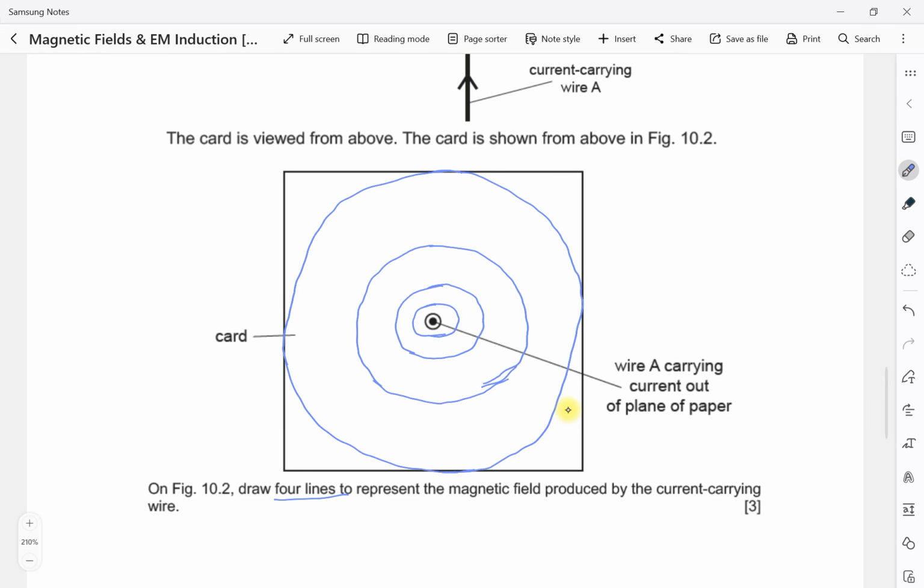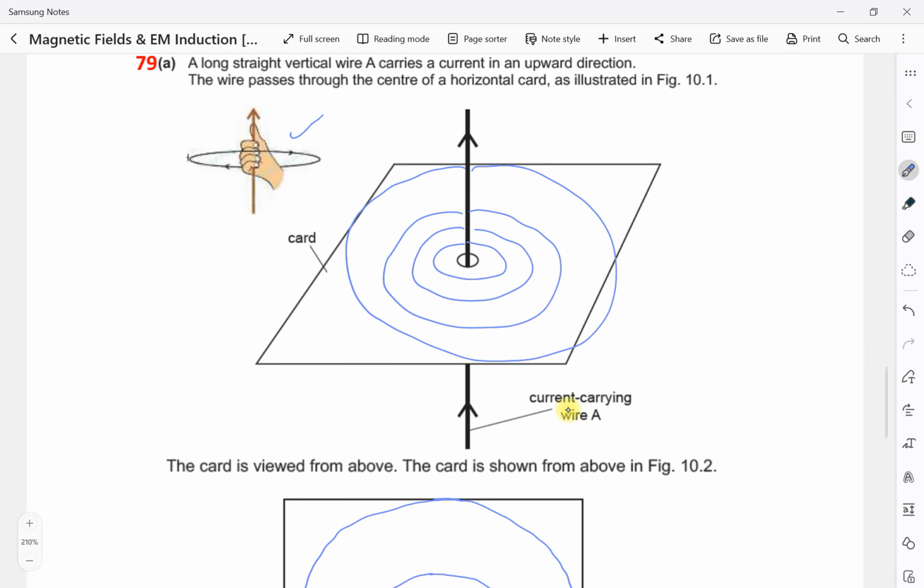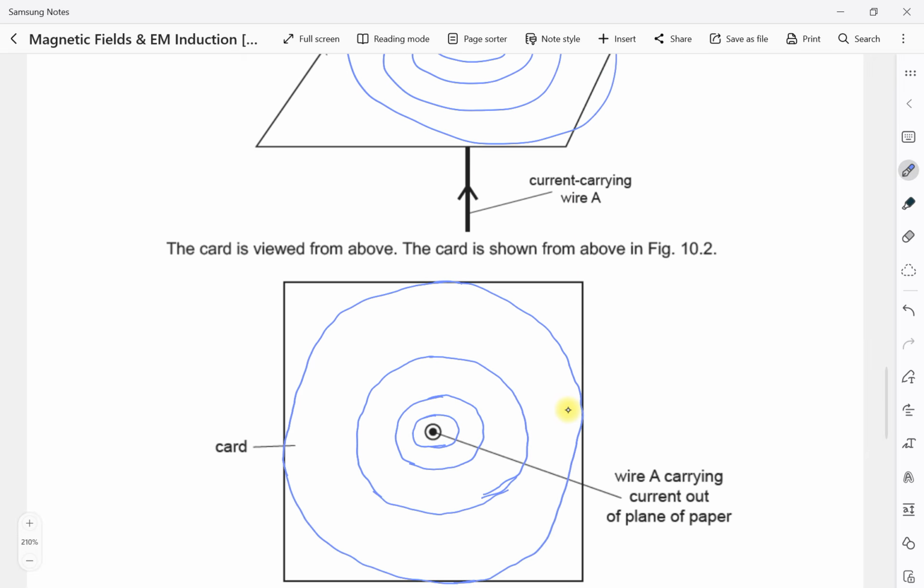Okay, so those are the magnetic field lines. Then the direction is anti-clockwise according to the right-hand grip rule that we have used here. So these are going to point in this direction here, anti-clockwise.